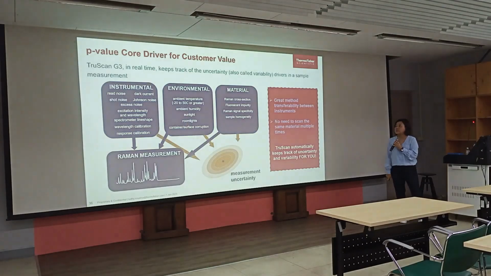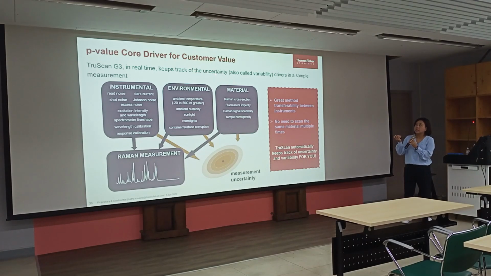But these two materials are different. Why? In TruScan G3, we run in real time. What is the meaning of real time? We keep track of the uncertainty. We put external factors into consideration, like the variations from the instrument, from the environment, and from the materials.